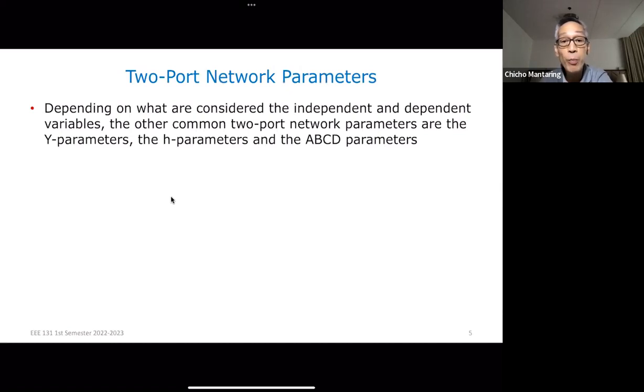So the other common two-port network parameters are you have Y parameters. So Y is the reciprocal of Z. So you can guess now that your independent variables are your voltages and your dependent variables are going to be your currents. Okay. Now you have your H parameters, you call these your hybrid parameters.